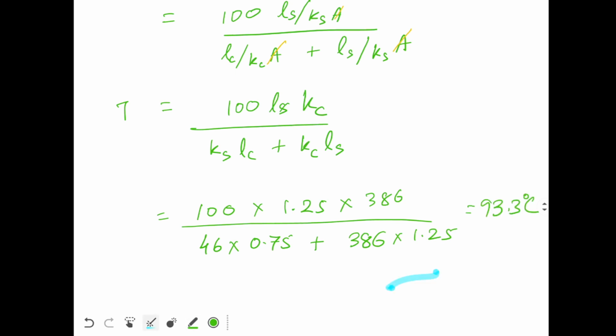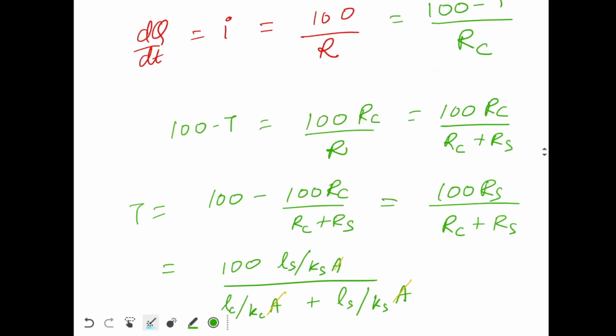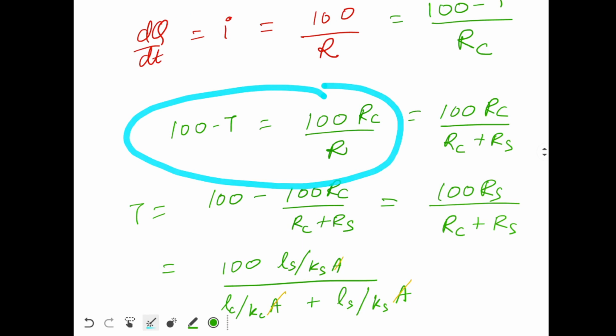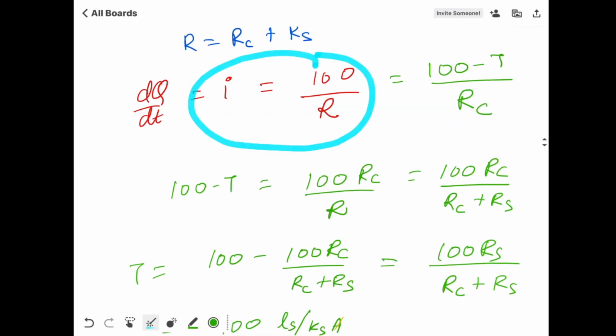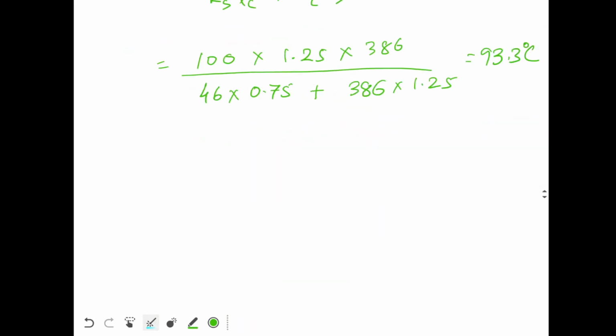So now find the rate of heat flow. Rate of heat flow can be found using this formula. So I equal to 100 by R, which means RC plus R steel.